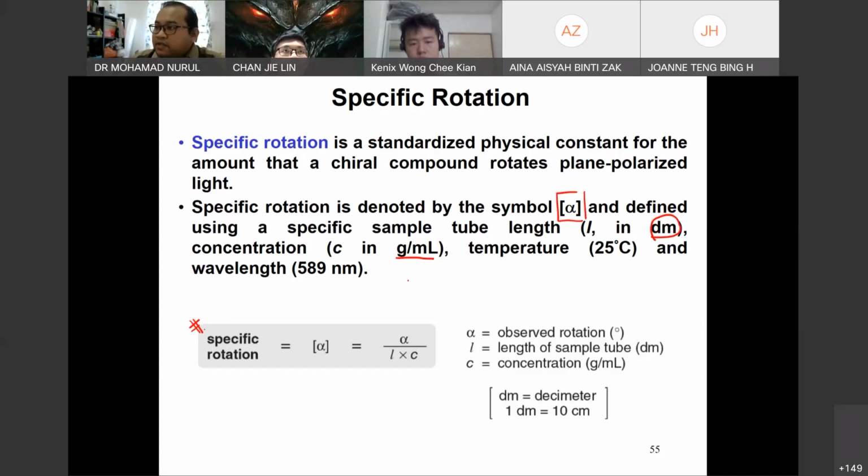So if the concentration is in milligrams per ml, you have to convert. It's all about units. The general temperature is 25 degrees, and the wavelength we are using is 589 nanometers. You have to know that 1 decimeter is 10 centimeters.